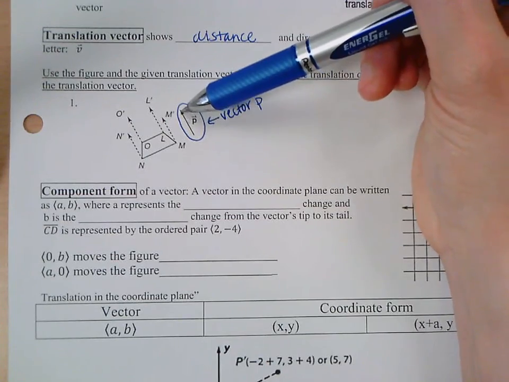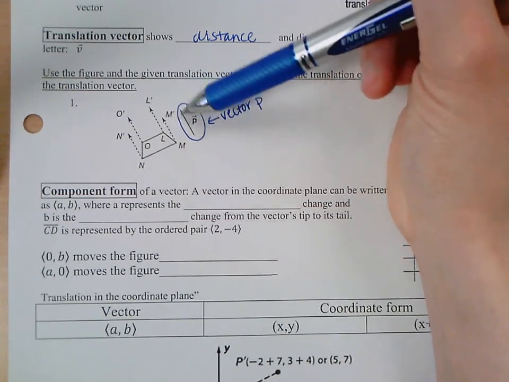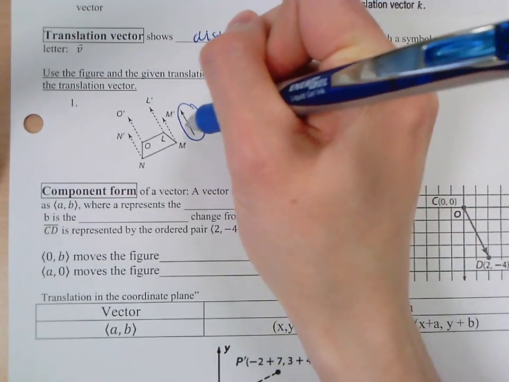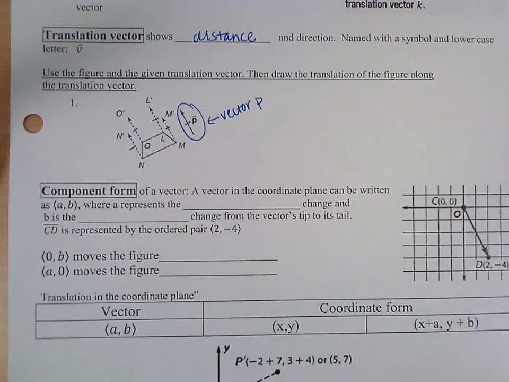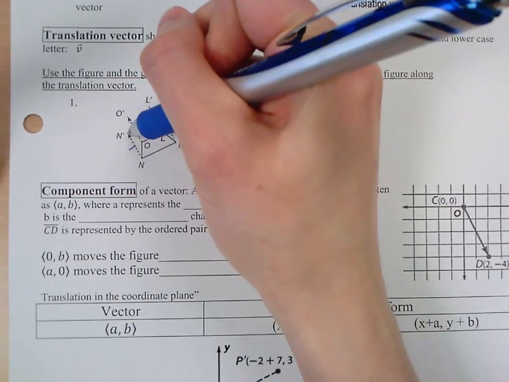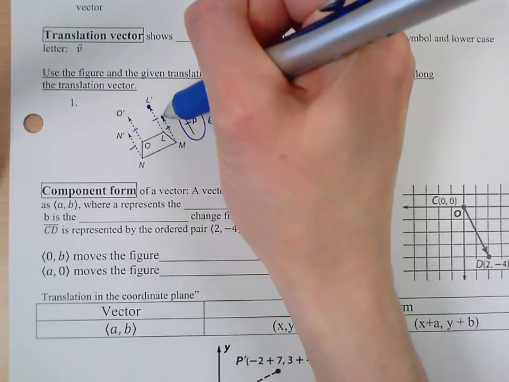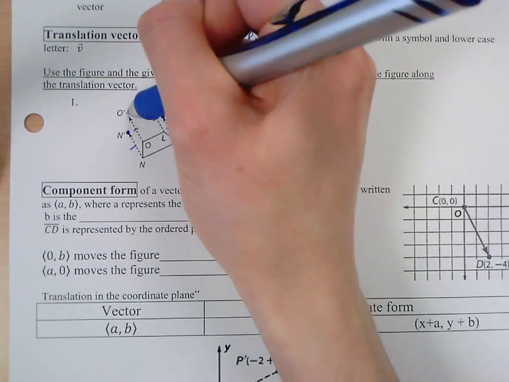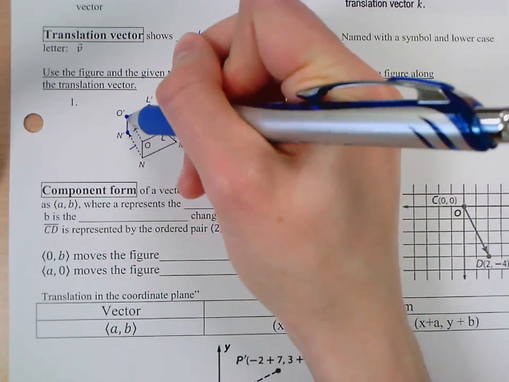And then you'd actually have to measure this length and then make sure that these rays are all that same length. So these rays are all congruent to the length of vector P. And then that gives you your new point. So that gives you L prime, M prime, N prime, and O prime. And then you would just connect your new points to get your image.